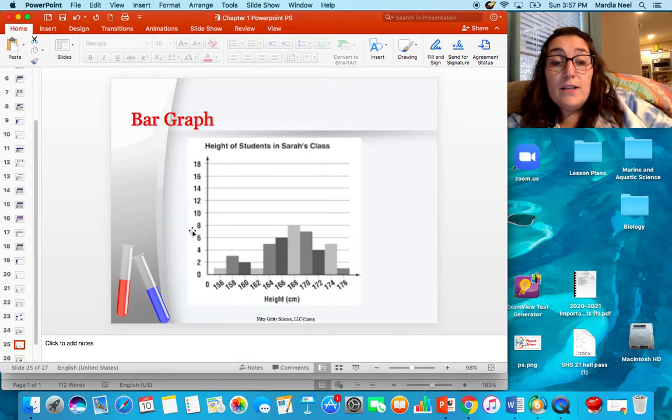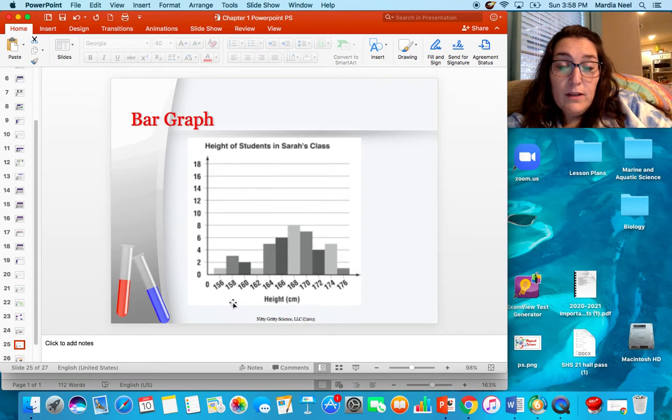I'm assuming this over here is the number of people, so that's a flaw in this graph. This isn't labeled. This axis needs to be labeled. I'm going to assume, though, this is number of students. And then each bar is individually labeled. One student was 156 centimeters. It looks like 3 students were 158 centimeters.